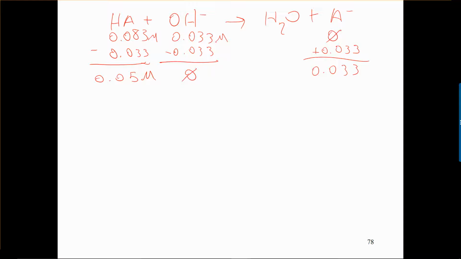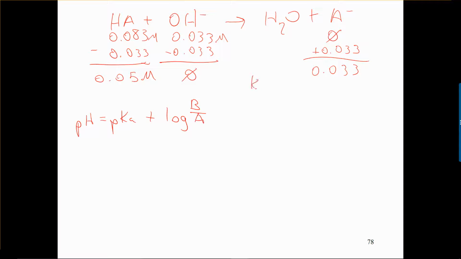When OH minus reacts with that, I produce 0.033 of the A minus, which is my base. So now I have a situation where I can use Henderson-Hasselbalch, because I have base and acid. pH equals the pKa plus the log of the base over the acid.